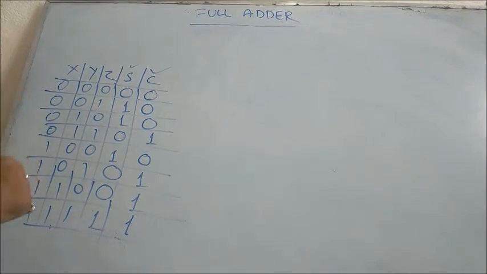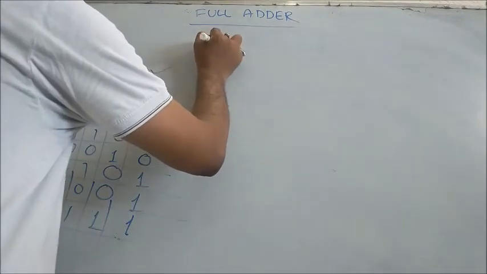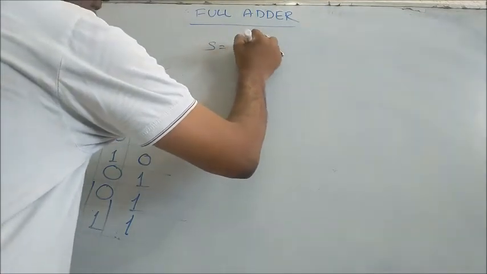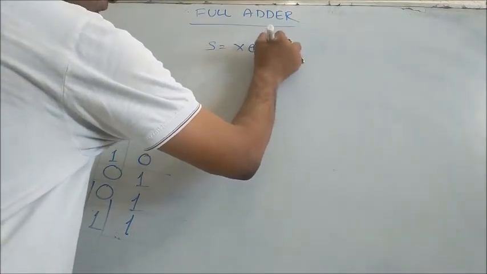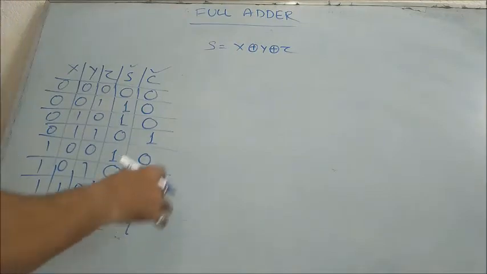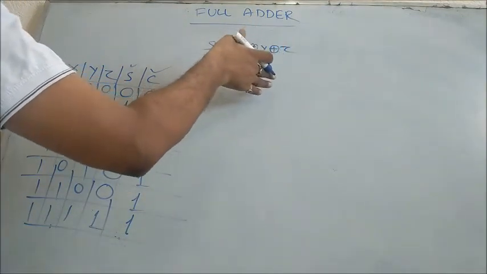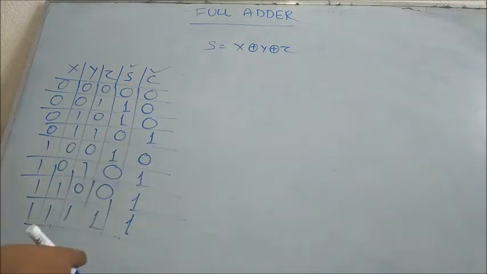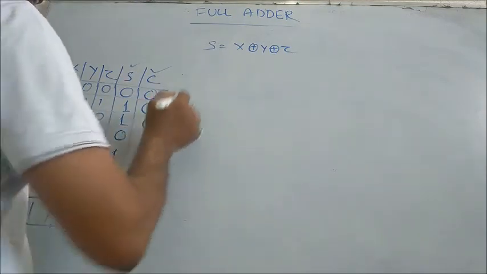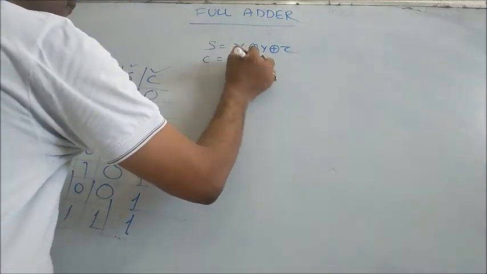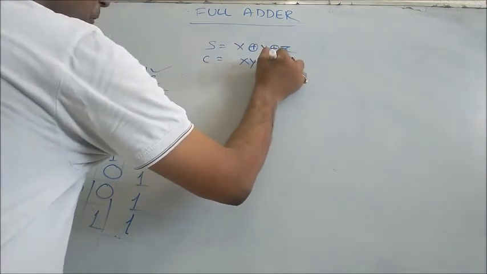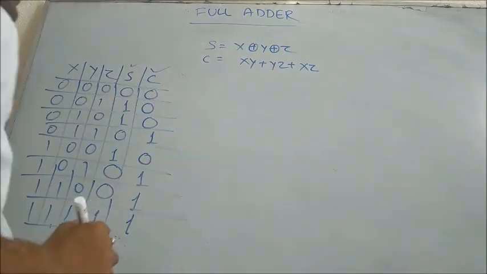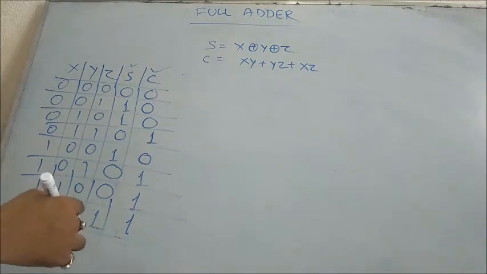So S will be nothing but X XOR Y XOR Z. I have not taken any associative property because in any way associative property will work. What about carry? Carry will be equal to XY plus YZ plus XZ.